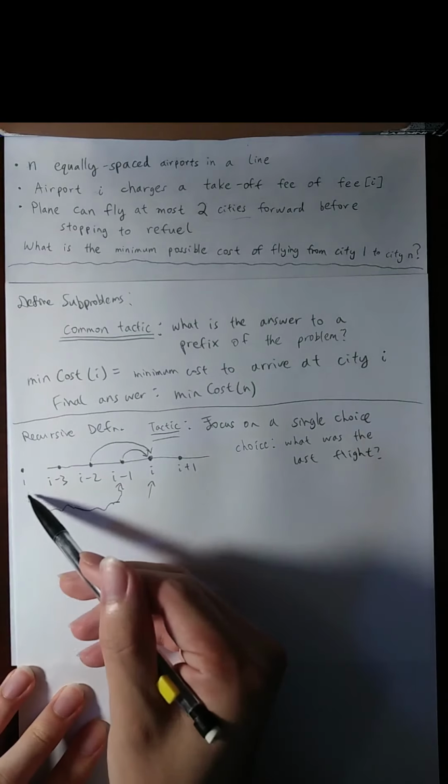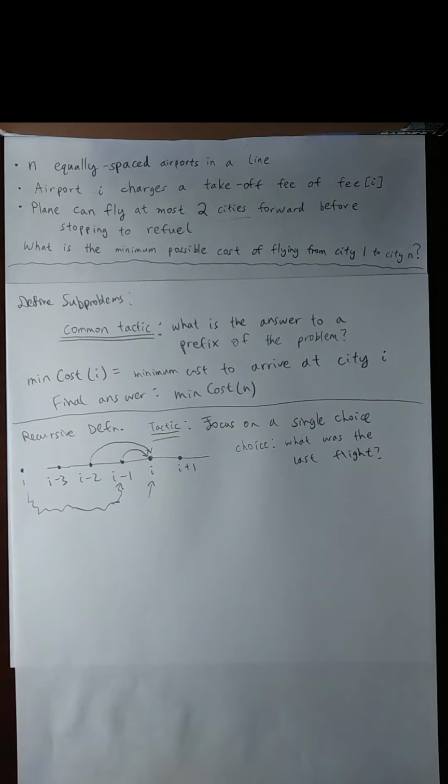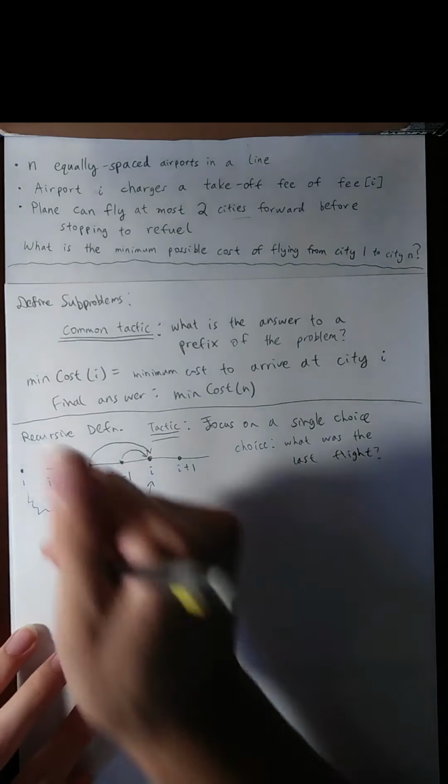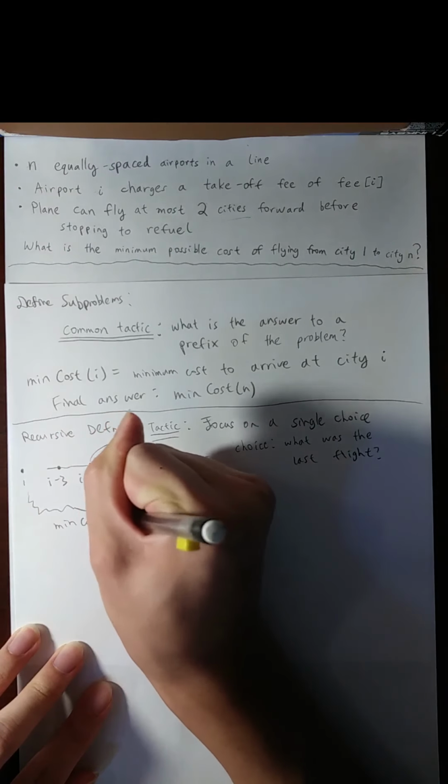Well, how much is it going to cost to take this path? This is where we can look to a smaller subproblem to provide us with an answer. Because we need to arrive at City i-1, and the cheapest way to do that is mincost[i-1].